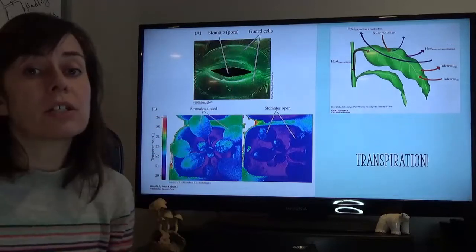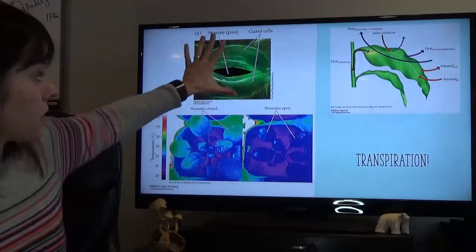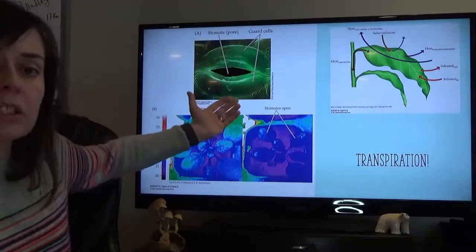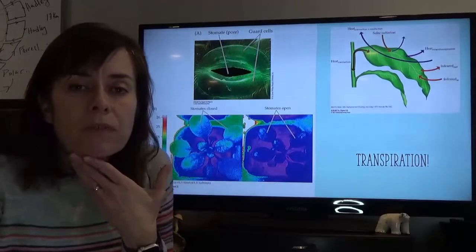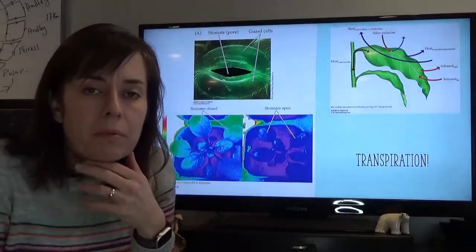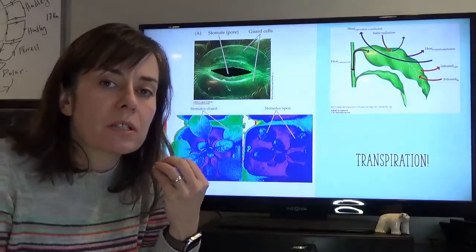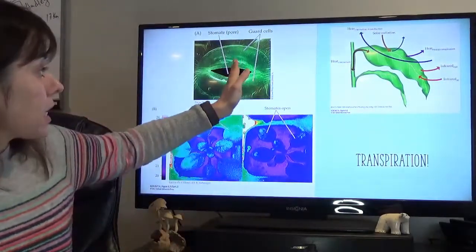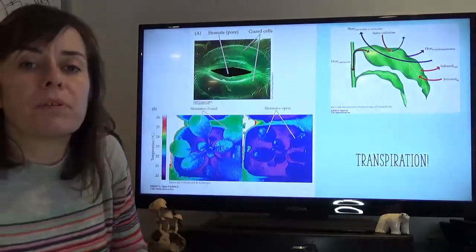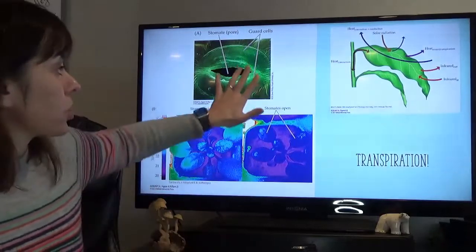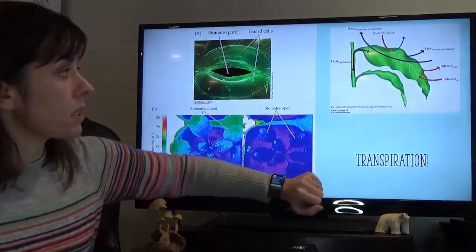When a plant is taking up carbon dioxide, the stomate is open, carbon dioxide is entering the leaf, and water is leaving the leaf. This can be a problem for plants because too much water loss can be problematic when conditions are dry. This can also be a benefit to the plant because if the leaves are hot and you open your stomates, this can help you to cool your leaf surface because you have evaporative cooling happening on the leaf surface as a consequence of transpiration.